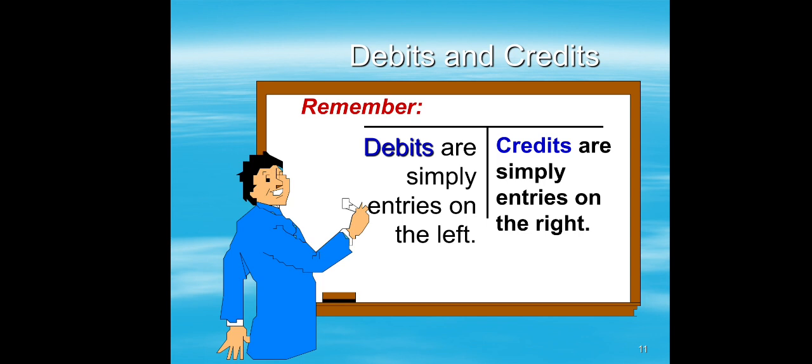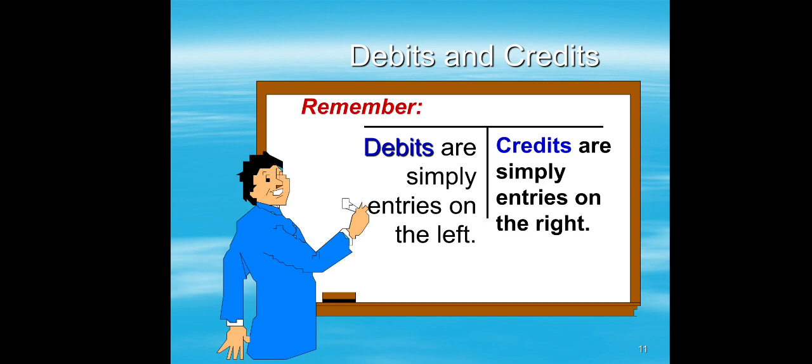Okay, so when you want to record the transaction in the journal, the first thing that you have to know is the rule of debit and credit. In accounting, when we record the transaction, we have to use this rule of debit and credit. Just remember this. Debit means left. Credit means right.